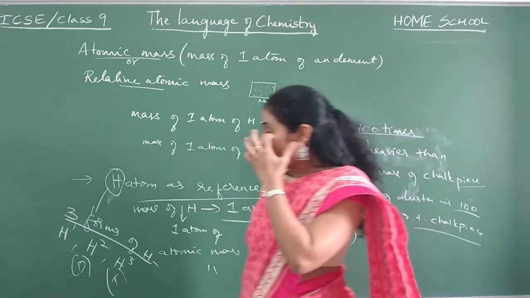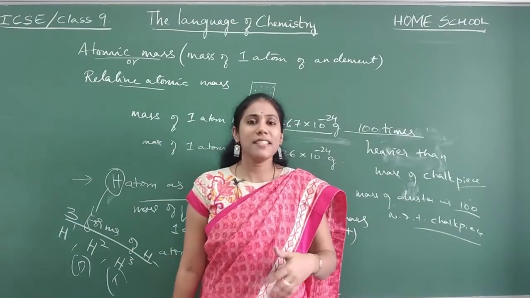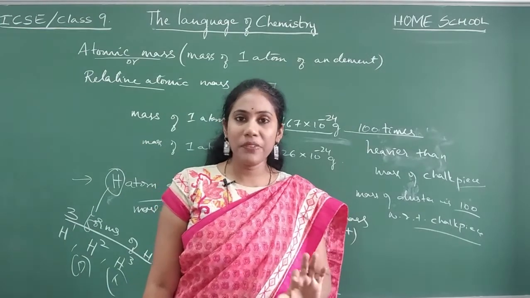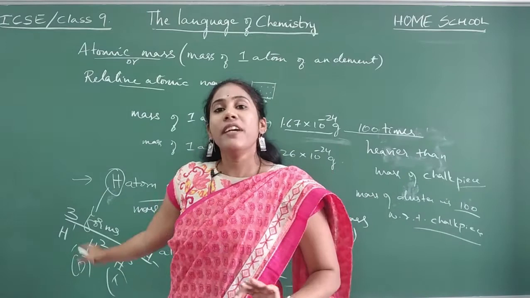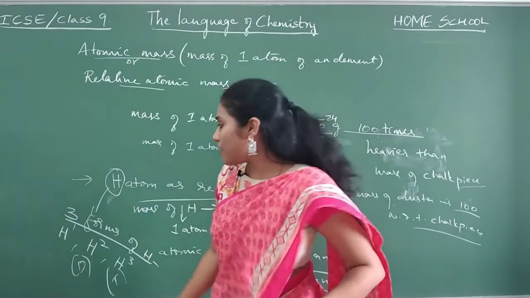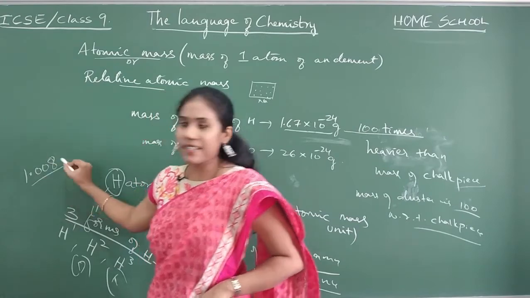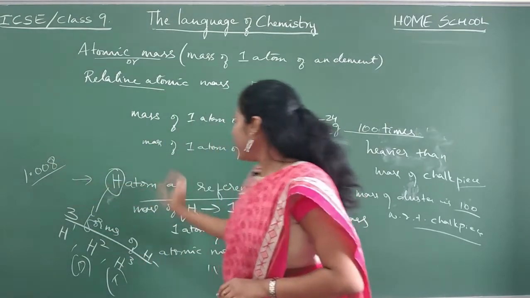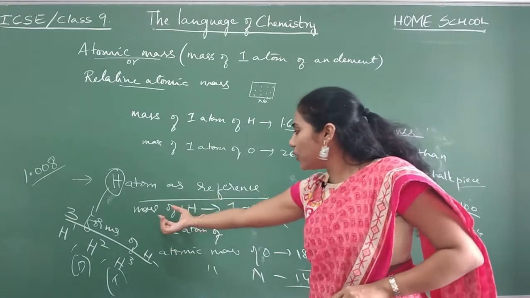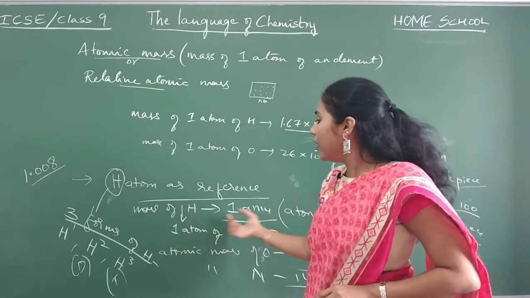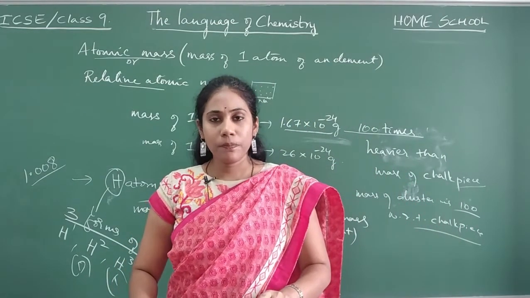When we take the average atomic mass, which is calculated by different means, anyway, that is not needed now. When we take the average atomic mass, we get a value around 1.008, guys. We are not getting a whole number like 1. Initially, they took hydrogen's mass as 1 AMU and found every other element's atomic mass.